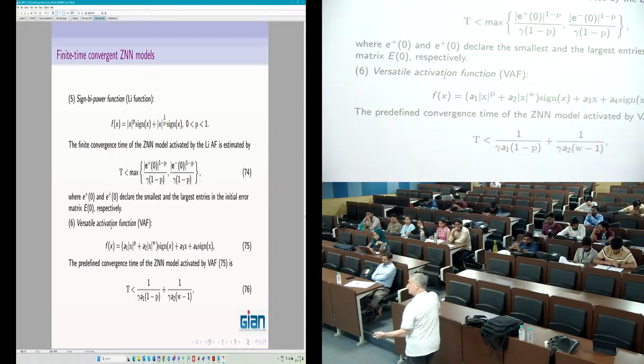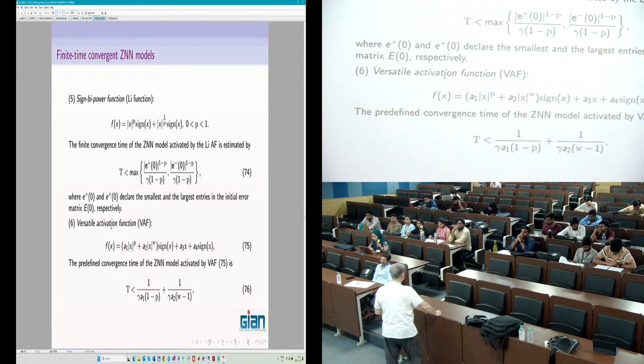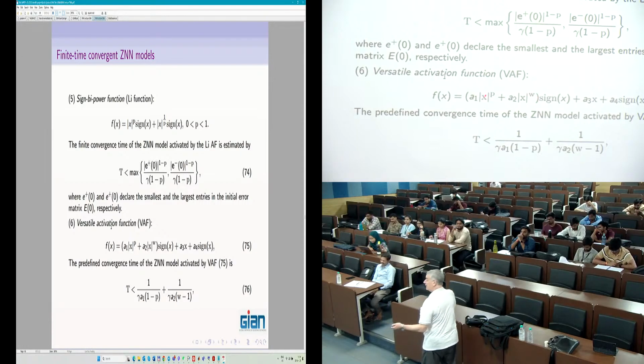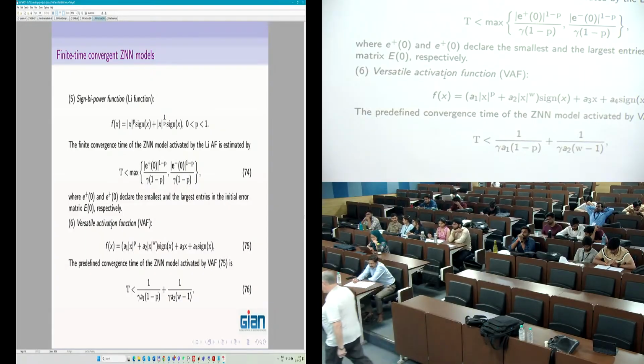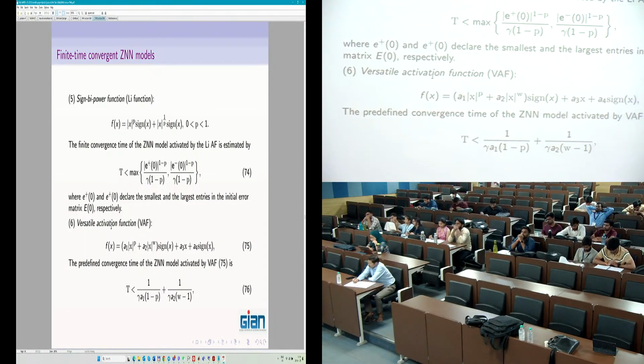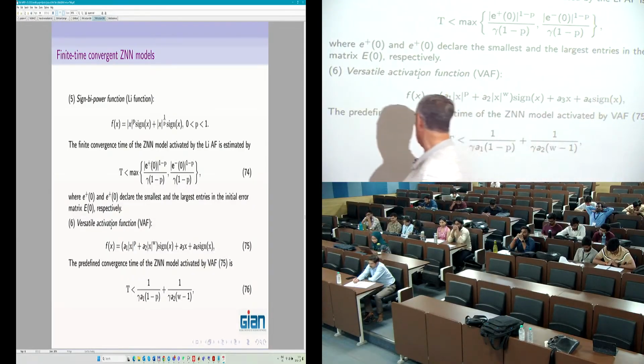W minus 1 means W should be greater than 1. Of course, always one exponent less than 1, another exponent greater than 1. Here, in our definition of VP, FT, ZNN, we used 1. Different combinations are possible.